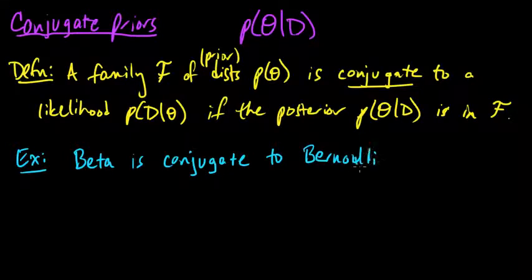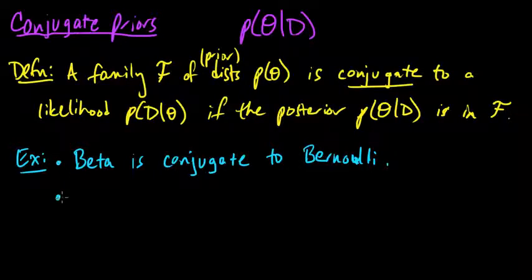So if we had some sequence of x's that came from a Bernoulli distribution for some parameter theta, and we put a beta distribution on that parameter, then it would satisfy this condition.